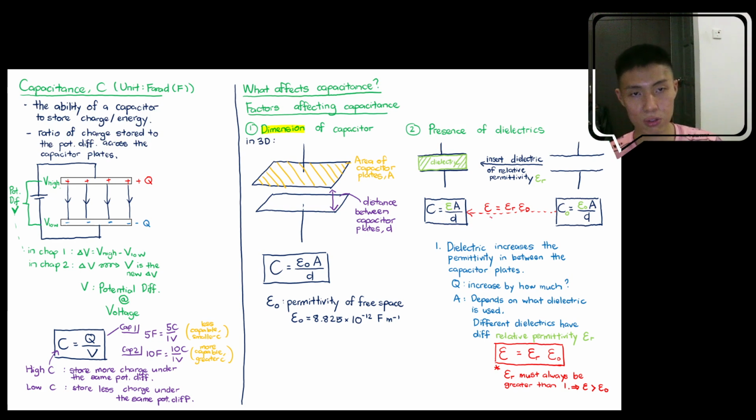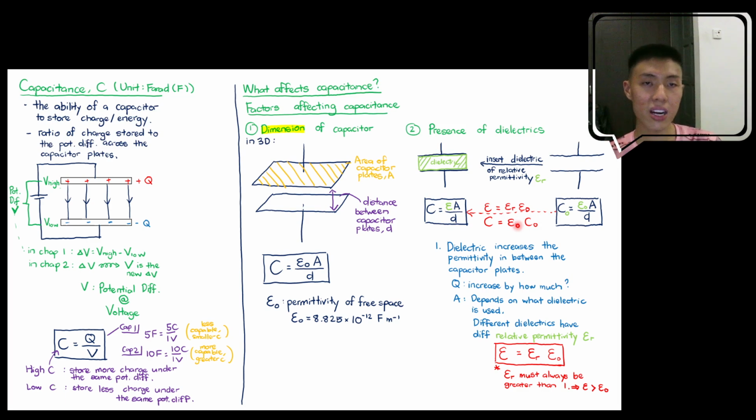Okay, so if you think about it, the same relation should hold for capacitance as well. If you have an original capacitance without dielectric, once you insert the dielectric, which has a relative permittivity of epsilon r, it will increase the capacitance by a factor of epsilon r. So if epsilon r is 3, the new capacitance is 3 times greater.